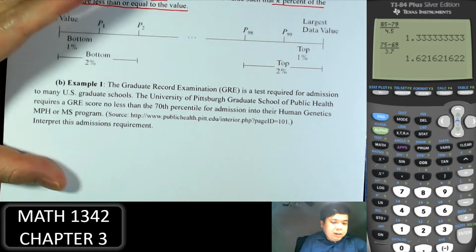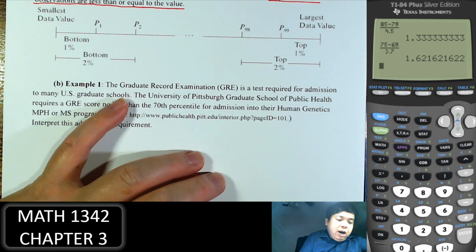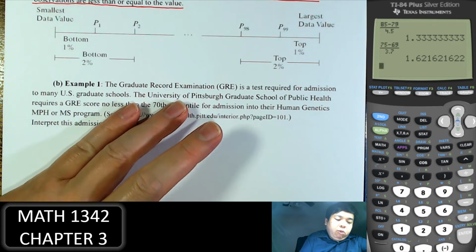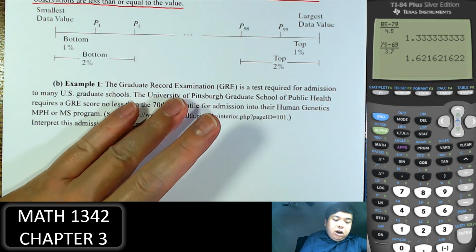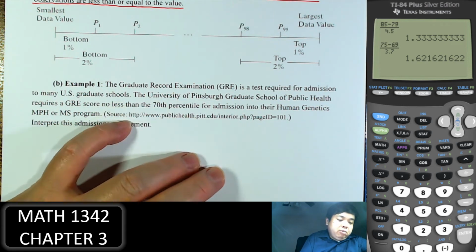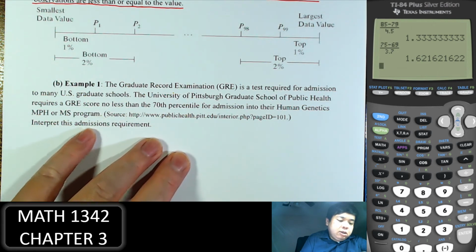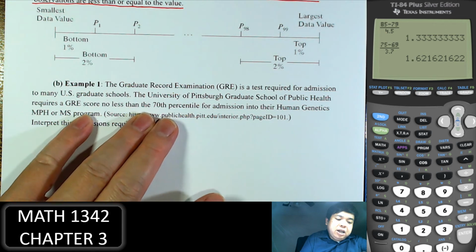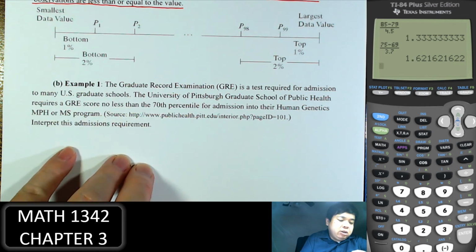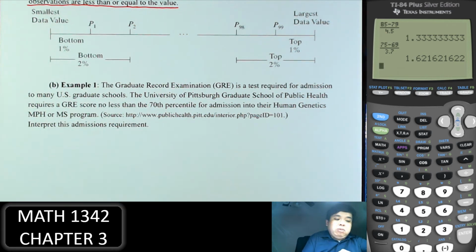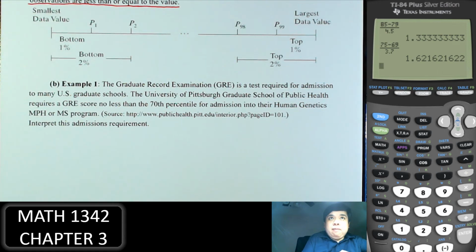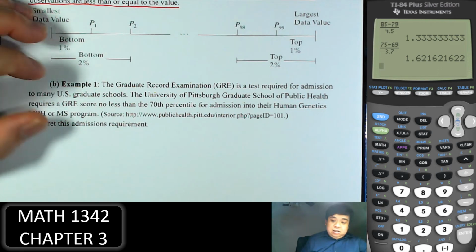Alright, here's an example. The Graduate Record Examination, GRE, test score is no less than the 70th percentile for admission. Interpret this admission requirement. Right, so 70th percentile, what does that mean?